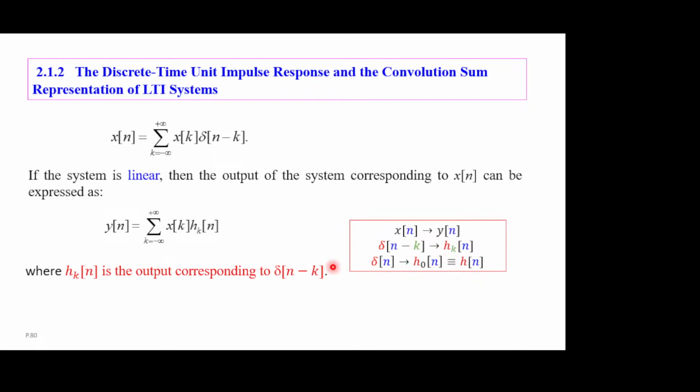And we have a small table that summarizes the correspondence here. So if your input is x, then output is y, and if the input is delta of n minus k, then the output we just call h sub k of n. It's like an arbitrary function. And later we'll also see that when k equals 0, that should be h sub 0 of n, and that's special, and we'll call it h of n.